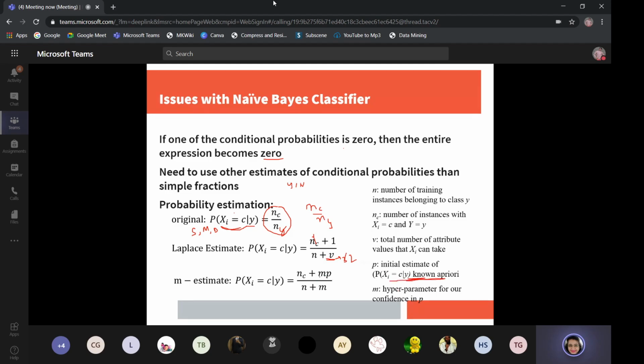So whatever you are multiplying, you add it over here. So these are the two estimates that we use in case the probability becomes 0. Mostly the Laplacian estimate is used, but in some cases the M estimate is also used.